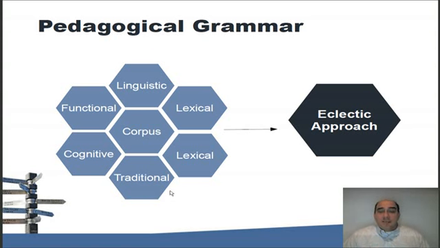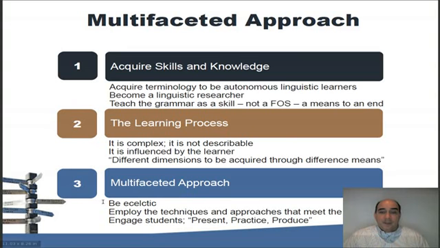So at the pedagogical level, grammar study is more of an eclectic approach, which means that the way we learn language and the way we teach language is going to be multifaceted. Again, this is another word that I would approve of: a multifaceted approach. It's eclectic. We're doing a number of things with our students.